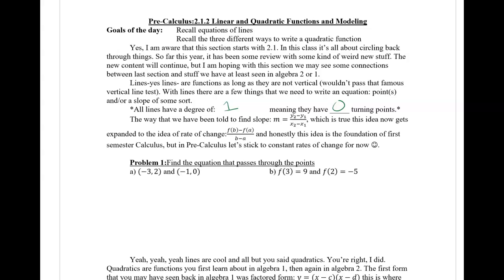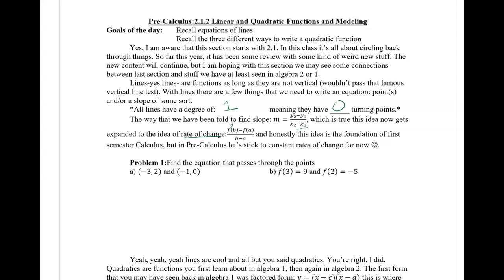The way that we have been told to find the slope in the past is m is equal to the change in y over change in x, which is y sub 2 minus y sub 1 all over x sub 2 minus x sub 1, which is true, and this idea now gets expanded to something called the rate of change, which is f of b minus f of a all over b minus a.